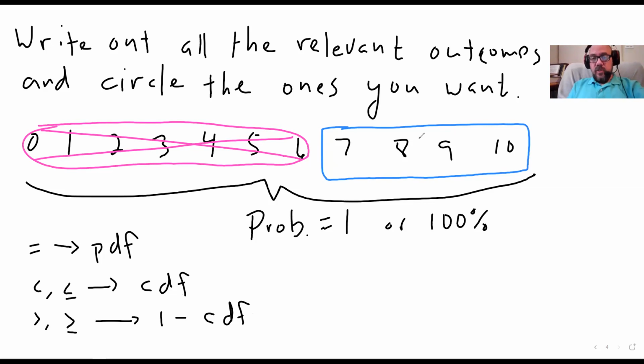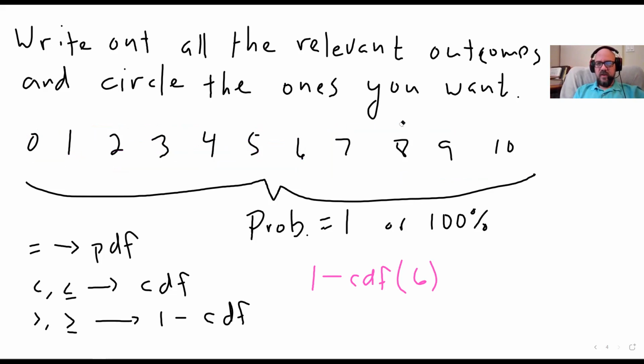So in this case, I'm going to do 1 minus, so 1 for the probability of everything, and then take away the probability of the ones that I don't want, which I'll call CDF of 6, right? So I'm going to chop out 6 and less, and that will leave me just 7 through 10, which is the thing I want. All right, so that's the basic idea of what I'm going to do here. I'm going to erase this so that I can use it again without having to rewrite numbers 1 through 10.